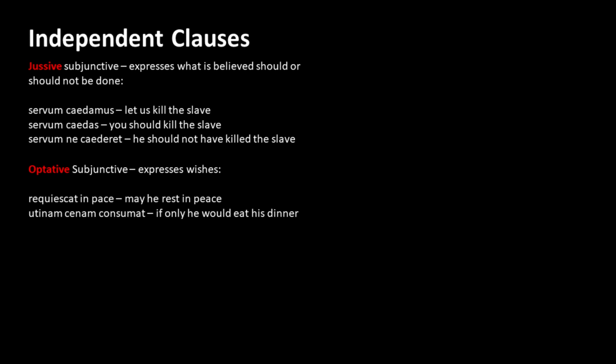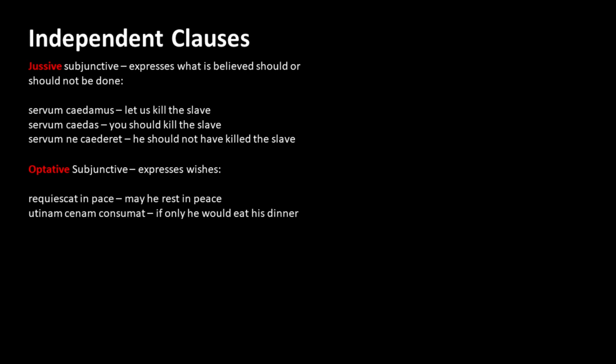In Latin again, consumat, we use a present subjunctive to show a future wish. Utinam cenam consumat, not I wish that he be at the moment eating his dinner. I wish that he would eat his dinner, or utinam cenam consumat, if only he would eat his dinner.